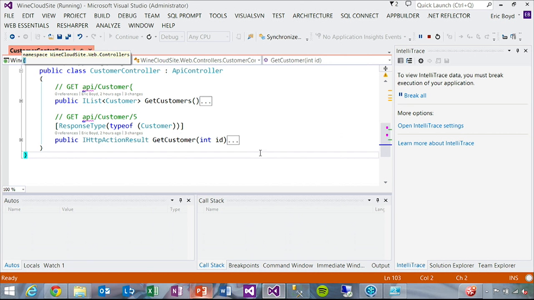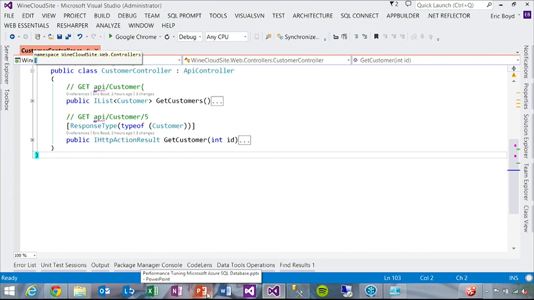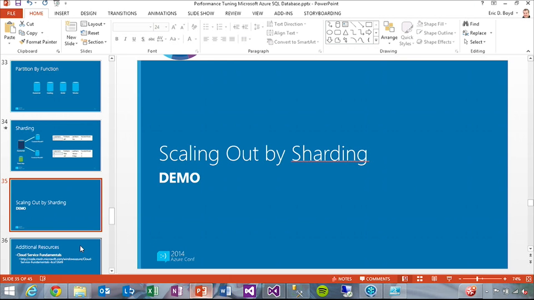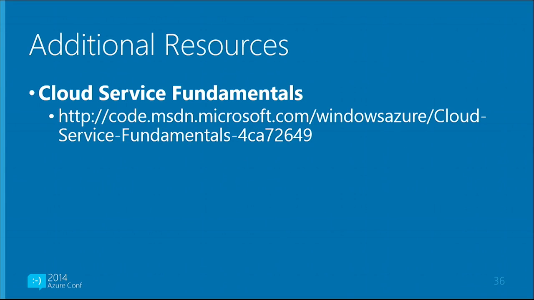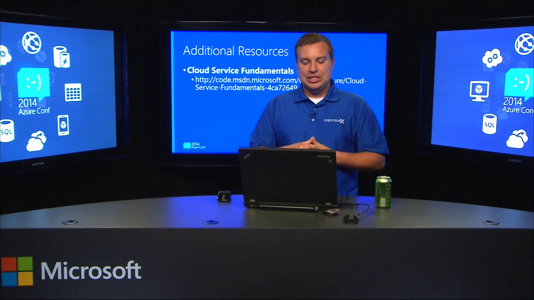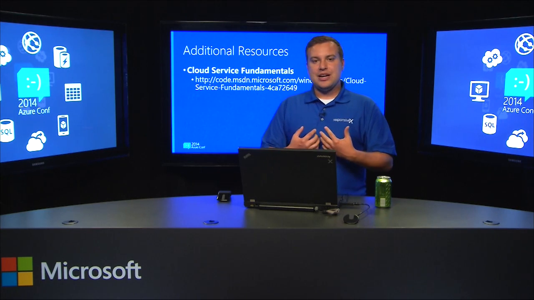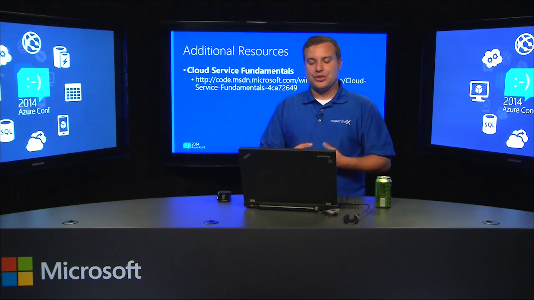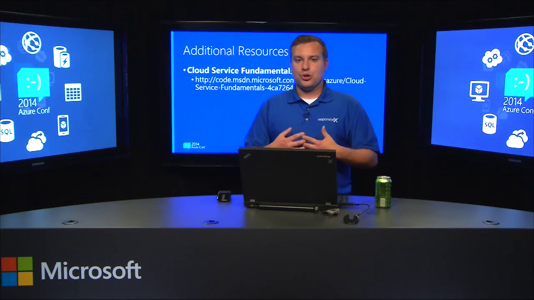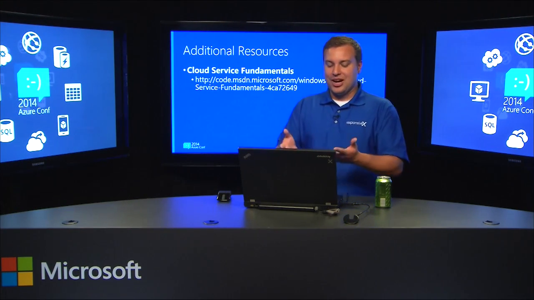All right, so let me stop this. Now I showed a pretty simple example of how to shard with a couple of classes and some TPL code, but Cloud Service Fundamentals has a great library and framework for you to start with to do things like sharding, and it has a little more robust library than what I've just shown.